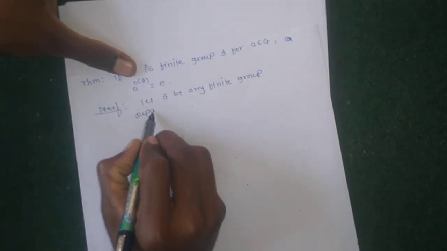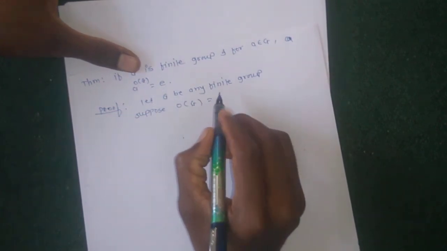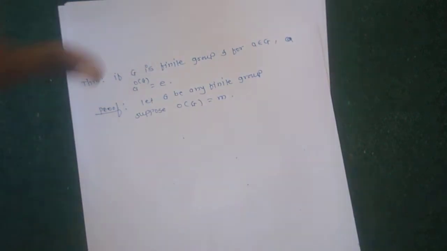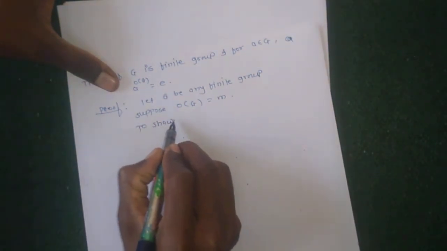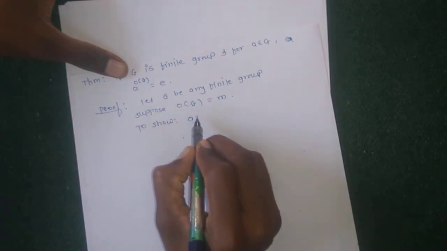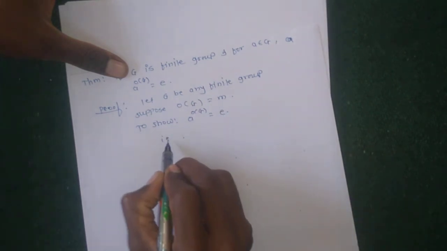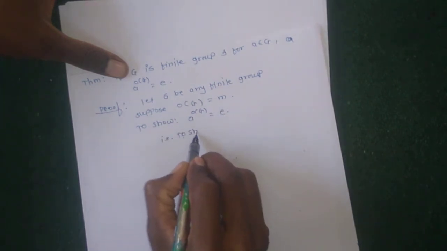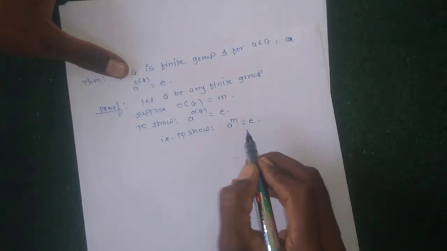Suppose the order of G equals m, since G has finite order. What is to be shown is that a raised to the order of G equals identity, that is, we need to show a raised to m equals identity.